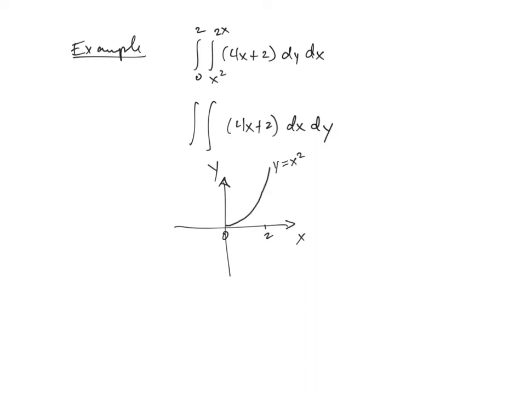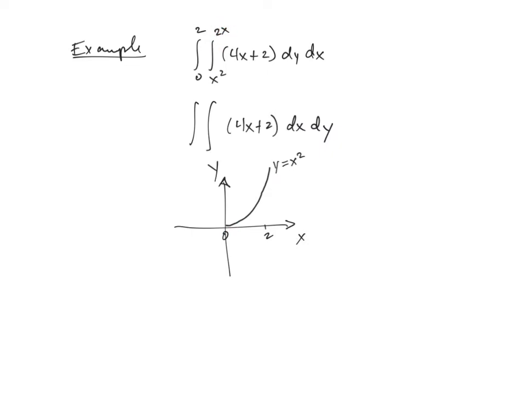I get that from this lower limit here, because we're taking the integral with respect to y. Once we've taken the integral of 4x plus 2 with respect to y, we're going to have some function of x and y. The x's are constants. The y's I'm going to replace with x squared and 2x, which means y goes from y equal to x squared to y equal to 2x.